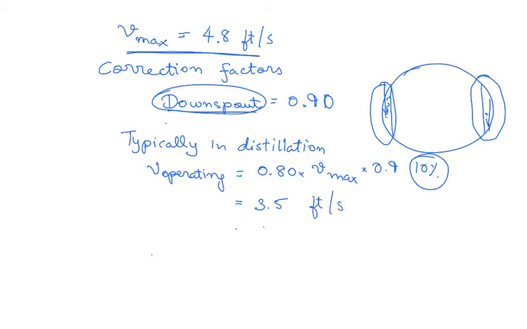Now, let's go back to the formula. We had to figure out the tower diameter. We know the flow rate. These are all calculations of the vapor, right?